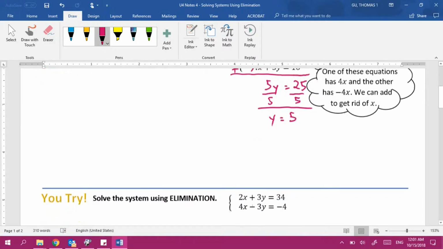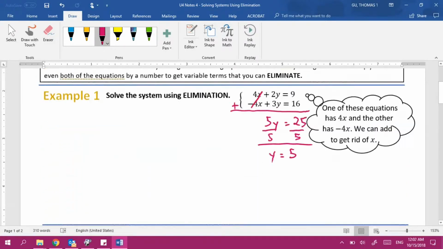Now that we've solved for a variable, what can we do? We plug this 5 in for y into either equation, and then we can solve for x. My original equation was 4x plus 2 times y, but y is 5, so 4x plus 2 times 5 equals 9. Simplify: 4x plus 10 equals 9.